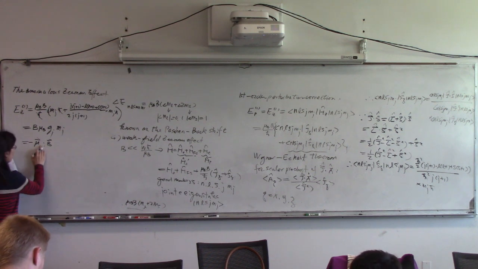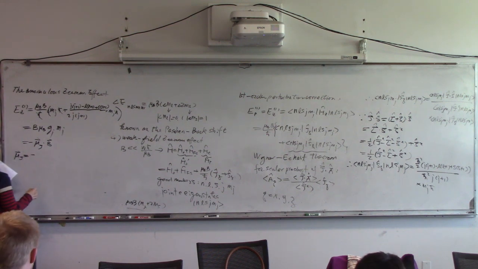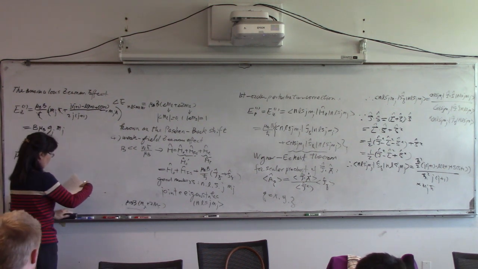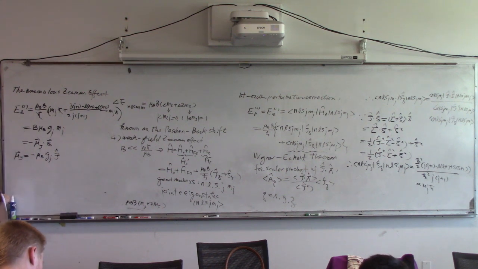Now this is total, because this is m_j, right? So that should be total. So now I introduce a new magnetic dipole moment, μ_J, which is minus μ_B g_J J. Just similar to what we defined for the spin, μ_S, which is negative μ_B g_S S, right?